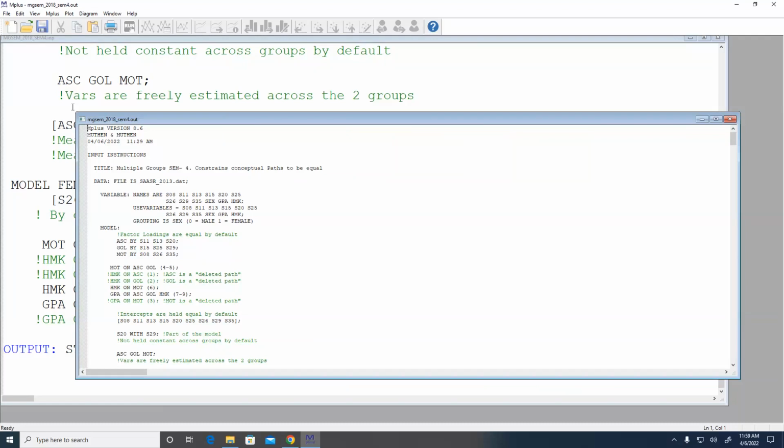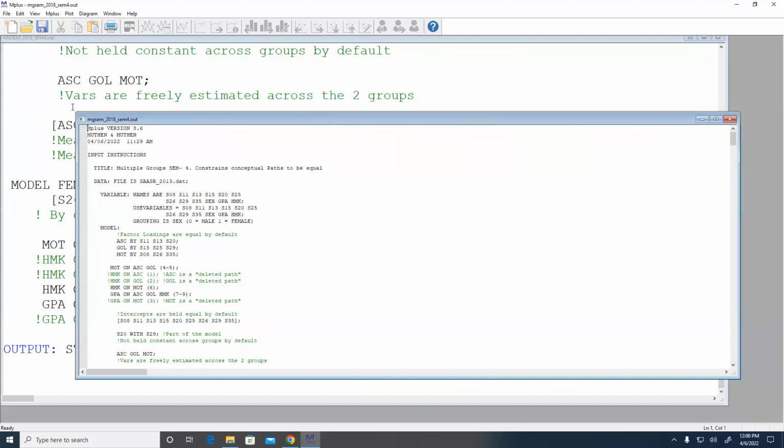And then homework. Those are both observed variables, and they also have disturbances.